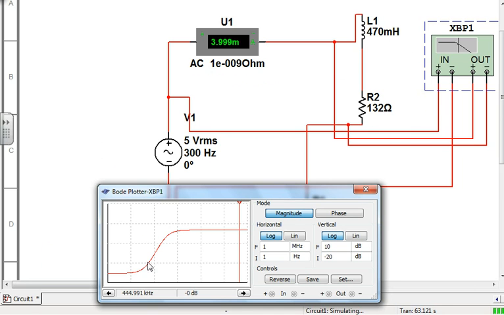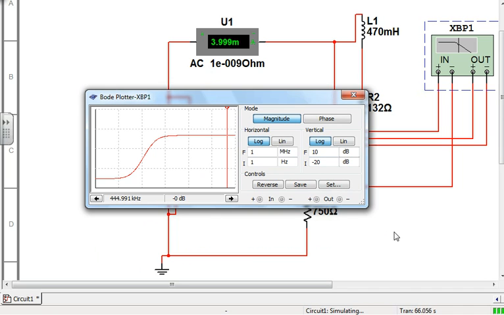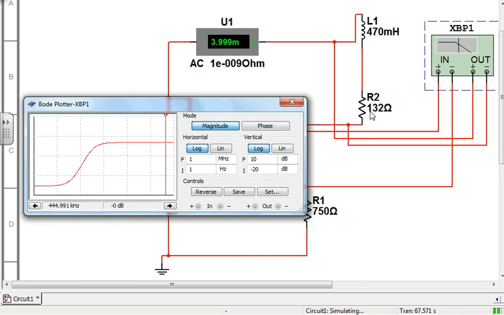But how am I going to show that this is a Q of 6 point something if I don't have a bandwidth or something else? Well, I guess that means that I failed to show my answer is correct in Multisim, except that if I had a 132 ohm winding resistance in the inductor, I do get 4 milliamps. So that sort of implies that I have the right answer, but I can't show that my Q is correct.